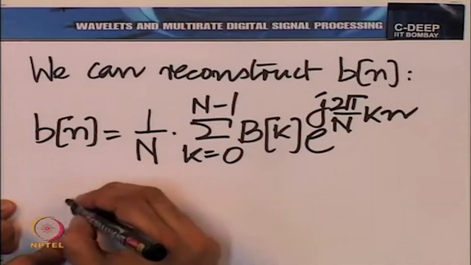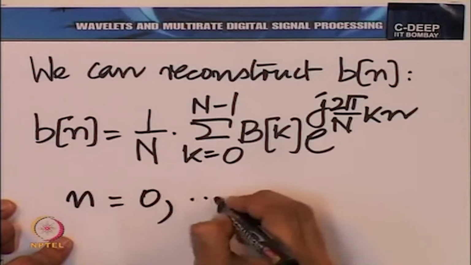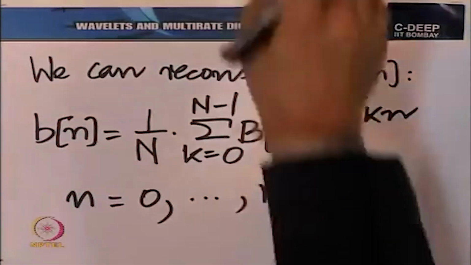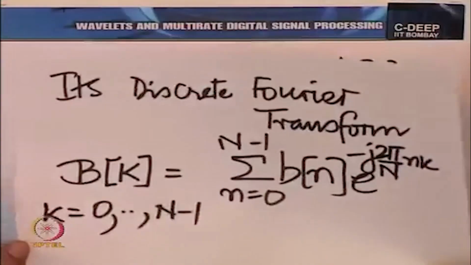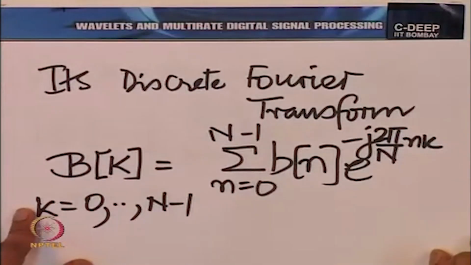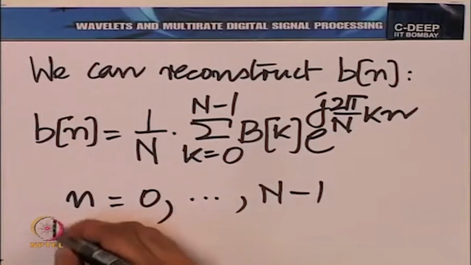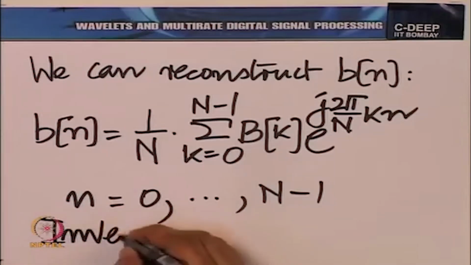Now, this is true for n going from 0 to capital N minus 1. But after all, if you recall, what we have here in the discrete Fourier transform expression and in this expression, which is essentially an inverse discrete Fourier transform.